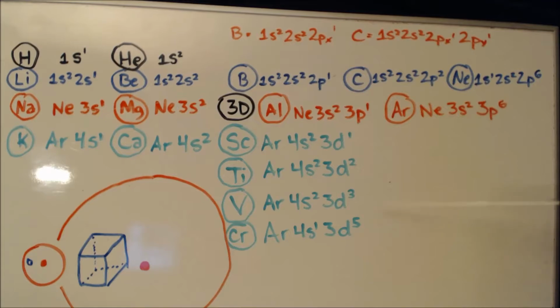The reason why is, if you think about it, if they did that, you have all your d's filled up with 1 electron, and your 4s only has half. Or you could do it the way they kept doing it, and you'd have your 4s filled up completely, and you'd have your 3d having 4 electrons, 1 electron in every lobe except for 1.